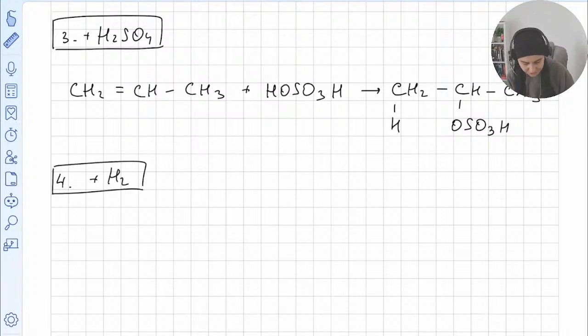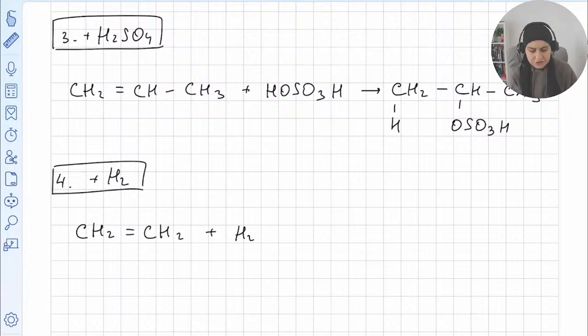The next reaction is with hydrogen. Well, this reaction you know from GCSE probably. So take an alkene, add a hydrogen. The conditions for this reaction are temperature and a platinum or nickel catalyst. I'll write it down first and then the conditions. You just form an alkane, yes?